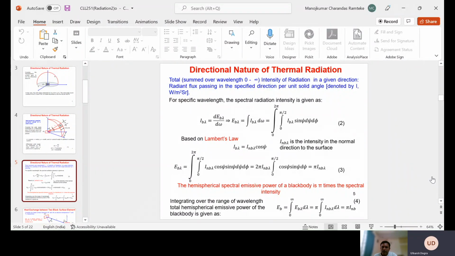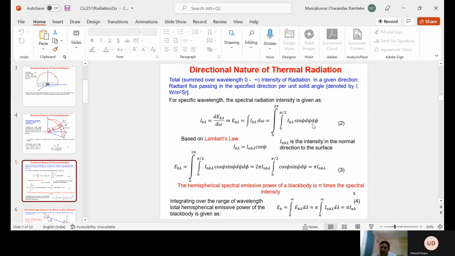Yes, sir, visible. So you can see that E B lambda we have to integrate over the wavelength, isn't it? But E B lambda will be given by I B lambda d omega, and d omega is nothing but the solid angle. That d omega solid angle comes as sin psi d psi d phi, isn't it? So we will be integrating between 0 to 2 pi and 0 to pi by 3, because in this question pi by 3 is given, isn't it?